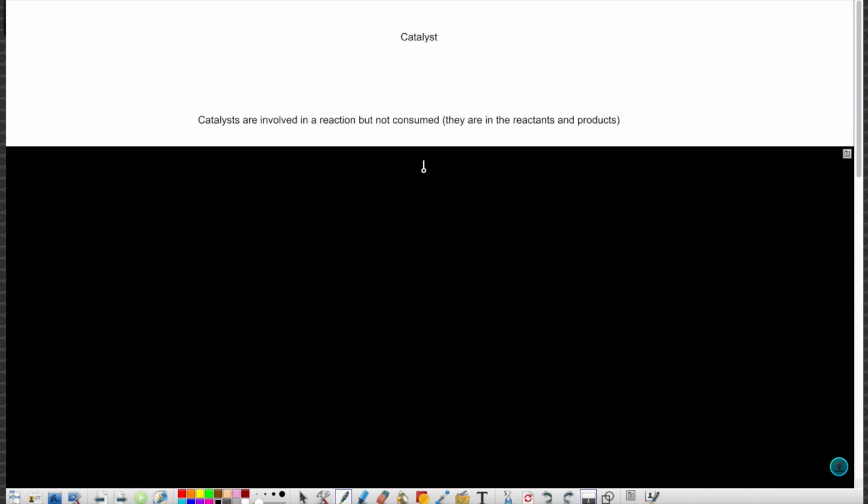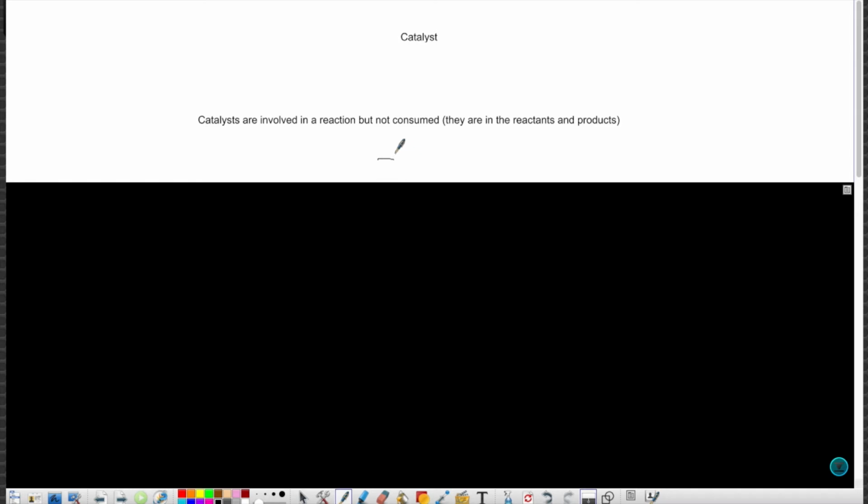Catalysts are involved in a reaction, but are not consumed. So another way of saying that is you could write them in the reactants and the products. Now, we don't generally do that, all right? If you have a catalyst, let's say here are your reactants, here are your products, we usually write the catalyst over the arrow, okay? But in reality, you could write the catalyst over here on the reactant side and again over here on the product side, because usually they're involved, okay?